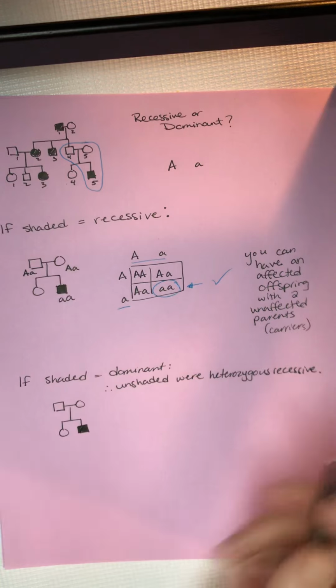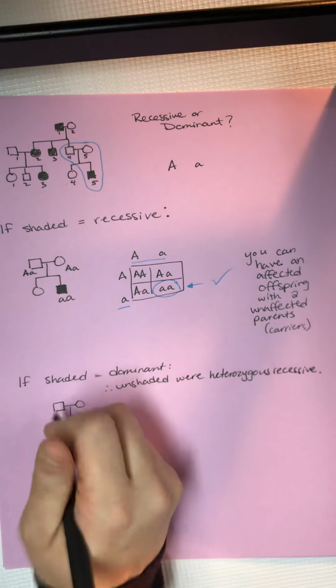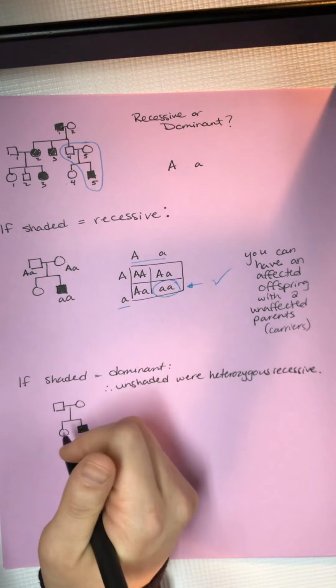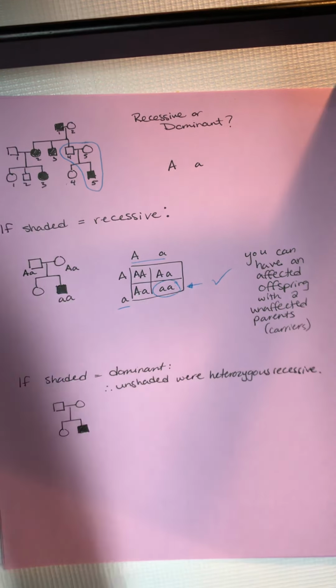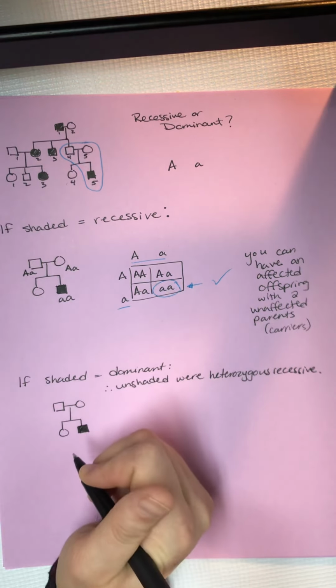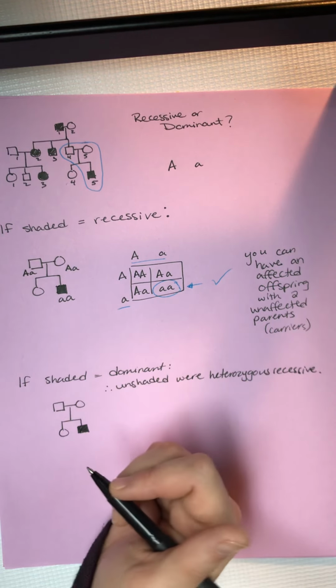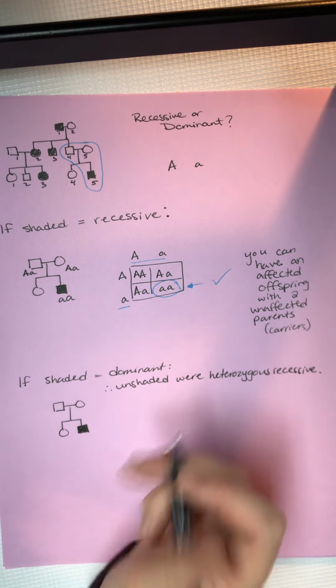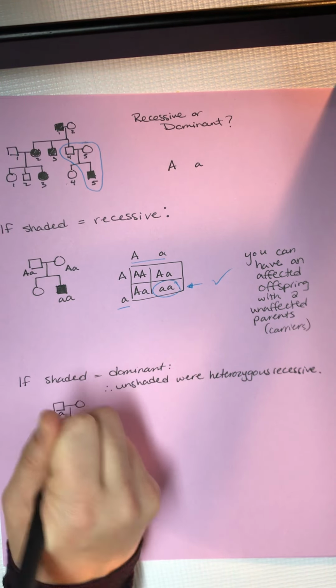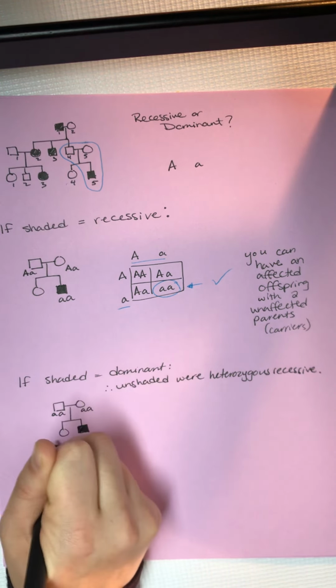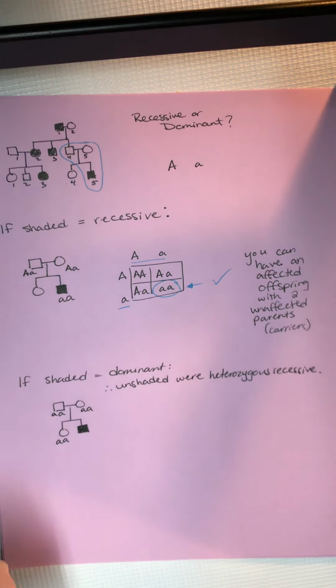If the trait is a dominant trait, that would mean that these unshaded, or unaffected, individuals have to be homozygous recessive because they're not showing the trait at all. If the dominant allele is there, you'll definitely show that dominant allele. Okay, so if they're not showing it, then they can't have a dominant allele. So that means we're assuming these are homozygous recessive.